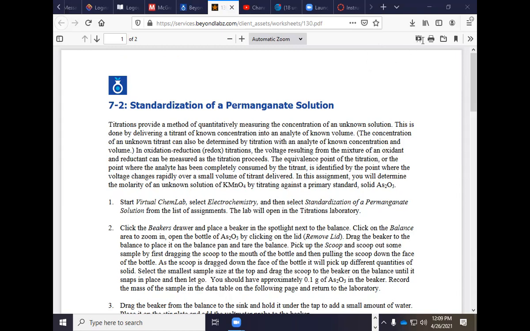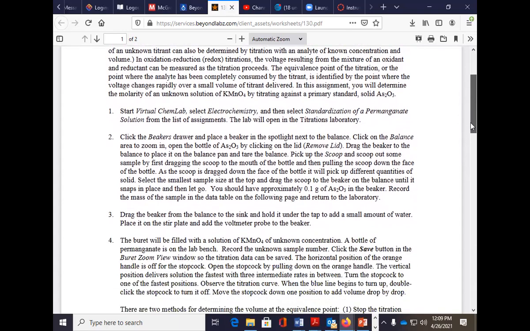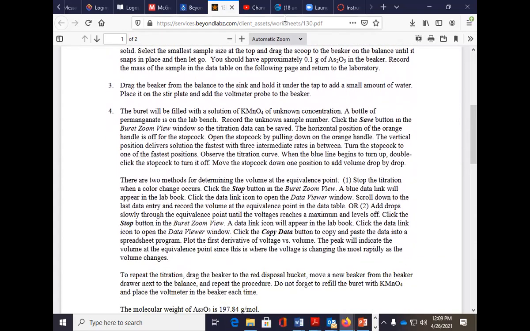Okay. Let's talk about the lab for this week. Here's your lab for this week for Beyond Labs. And you know how to follow the directions now pretty well. Okay, so we're going to call this method 1.